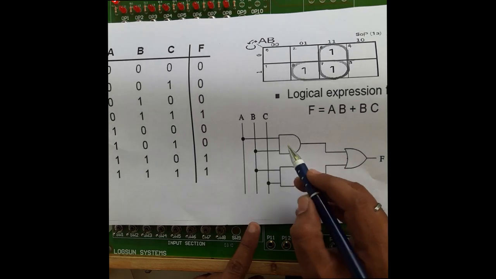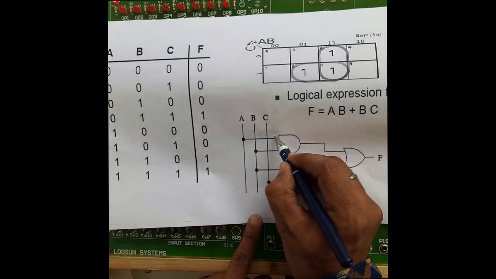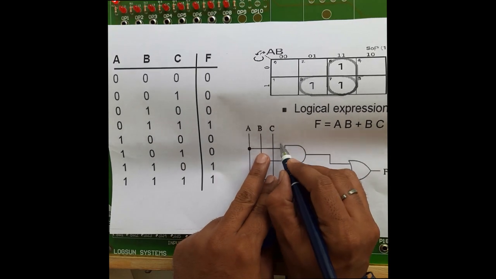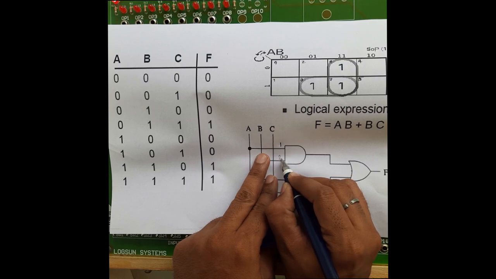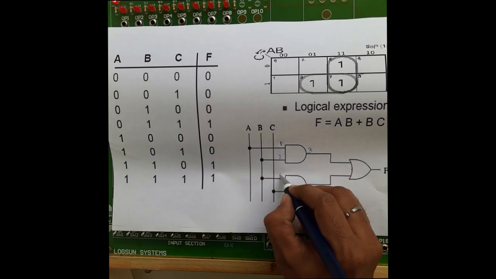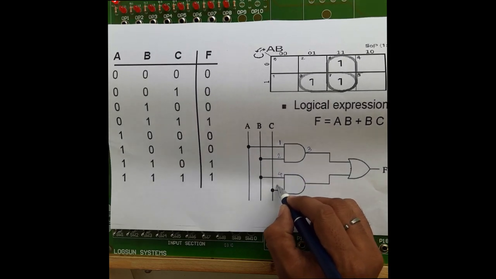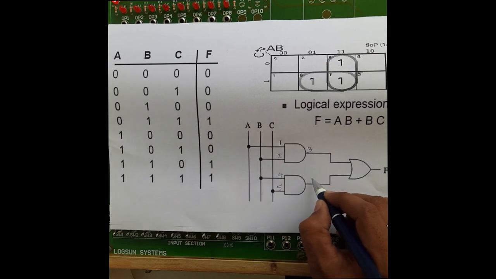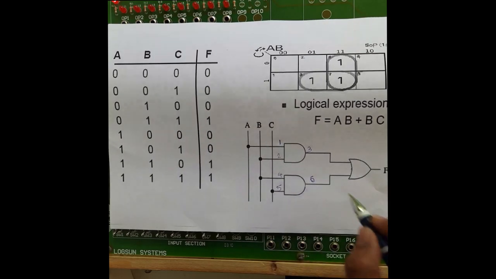For the first AND gate I am using inputs 1 and 2, and 3 is the output, that is the first logic gate. For the second AND gate, 4 and 5 are the input pins and 6 is the output pin.